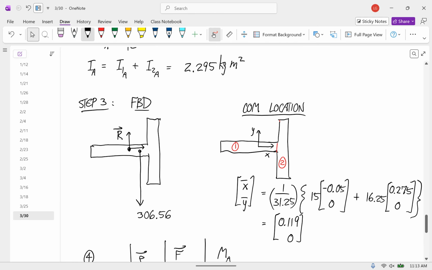So the center of the circular motion is the pin. So this is going to be 0.25 plus another 0.05, so 0.255, and then up 0.025 plus 0.3, so 0.325.